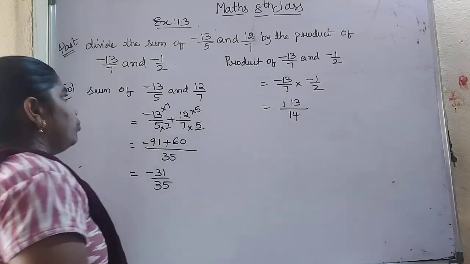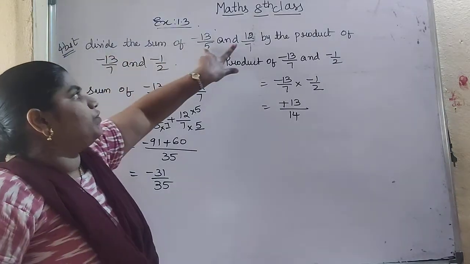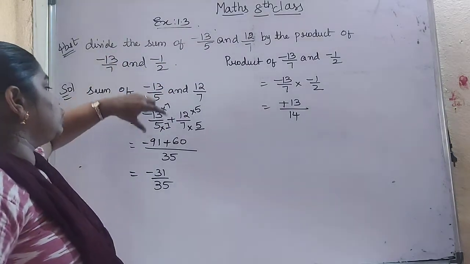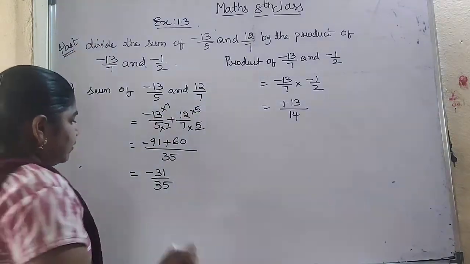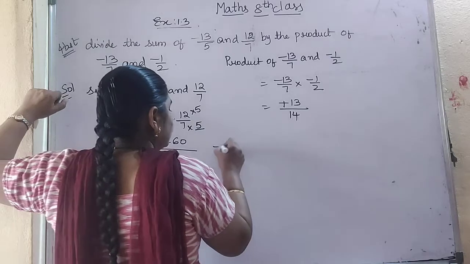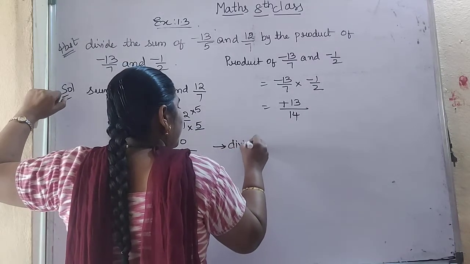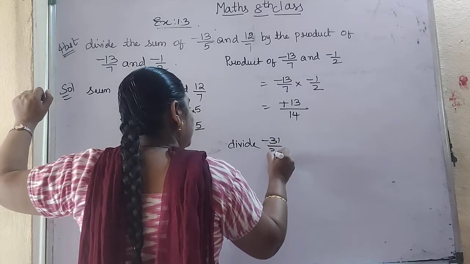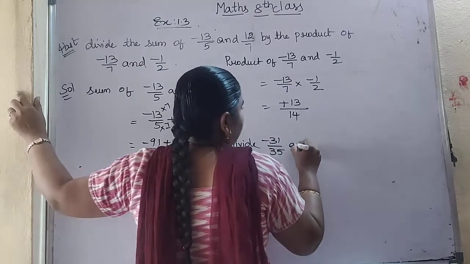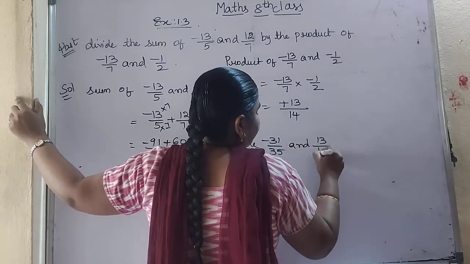So what do we have to do now? Divide the sum of these two by the product of these two. So now these two answers we have to divide. Divide minus 31 by 35 and 13 by 14.